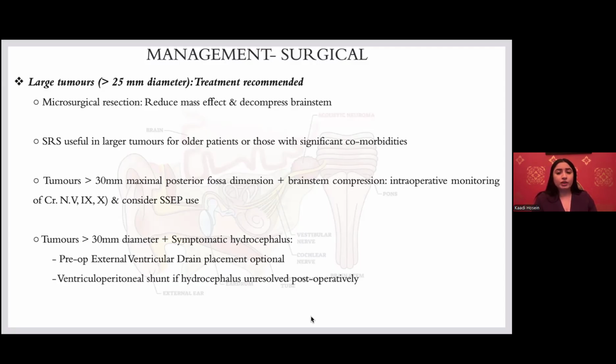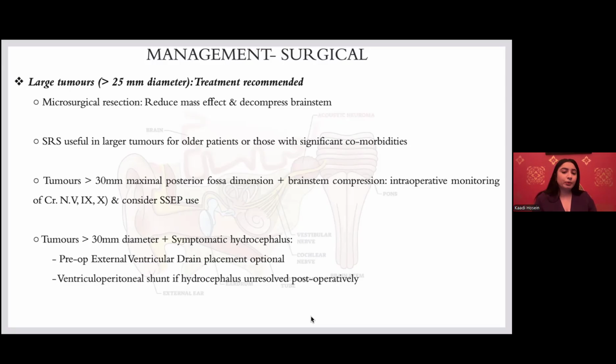For tumors more than 30 millimeters maximal posterior fossa dimension with brainstem compression, intraoperative monitoring of the trigeminal nerve and lower cranial nerves, that is 9-10, and use of the somatosensory evoked potentials or SSEPs is not obligatory but should be considered. For tumors more than 30 millimeters diameter with symptomatic hydrocephalus, an external ventricular drain can be placed pre or intraoperatively. And if there is unresolved hydrocephalus postoperatively, a ventriculoperitoneal shunt should be placed.